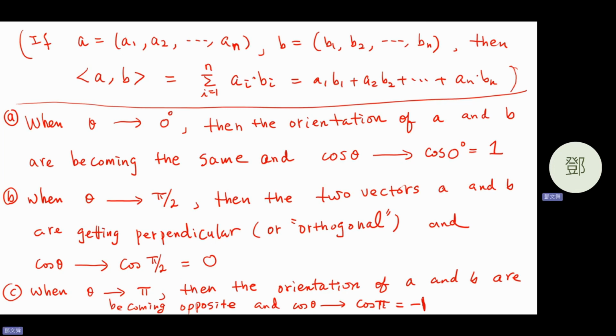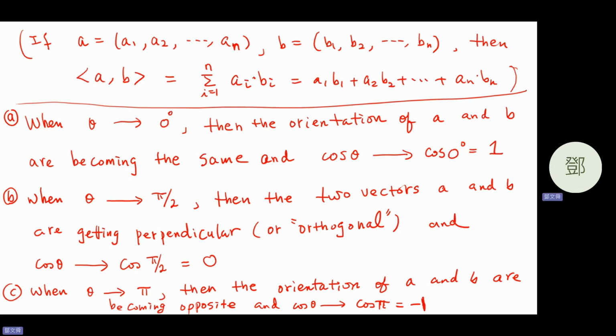Number three, when theta is pi, this is 0 degrees, and this is 180 degrees, which is pi. What does this mean? What is cosine pi? It is -1.